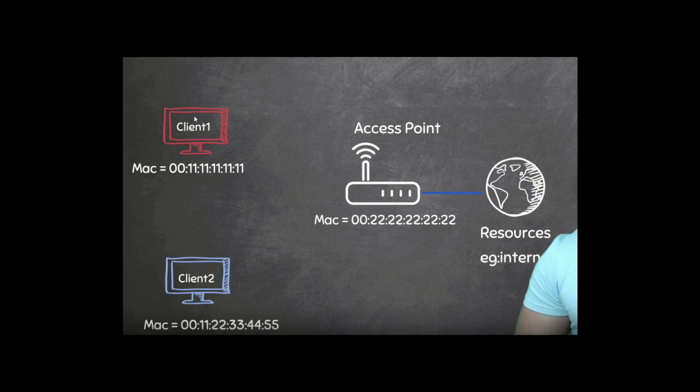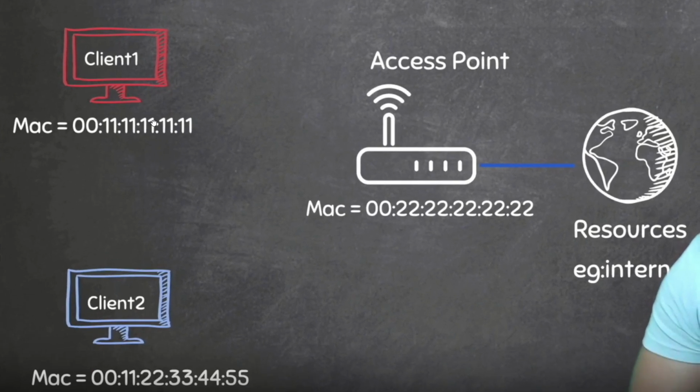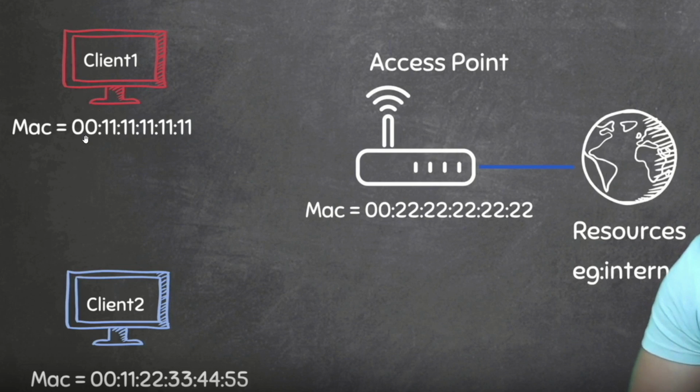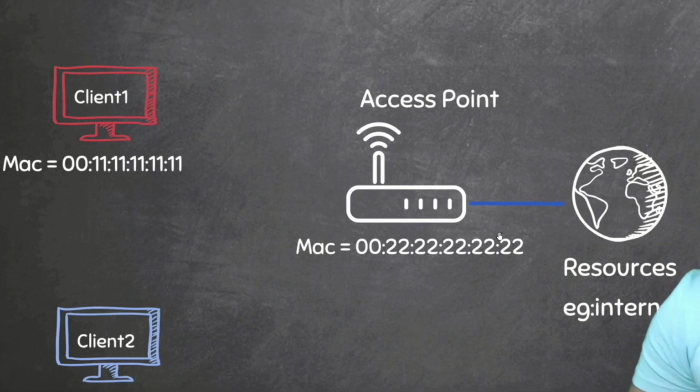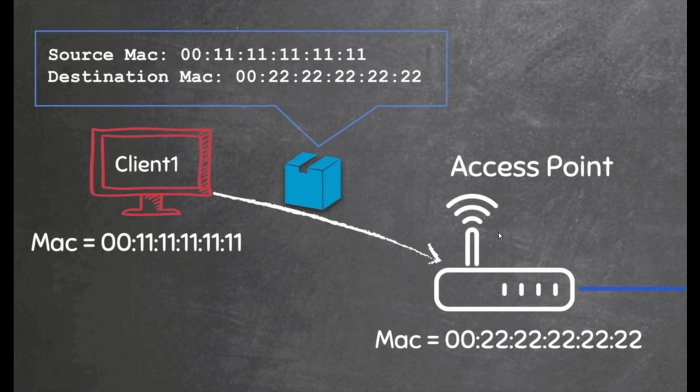Anyway, we have client one, client two, an access point, and a resource. Say a client has a MAC address like 00:11.